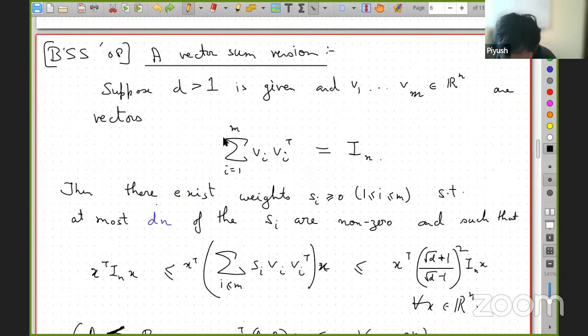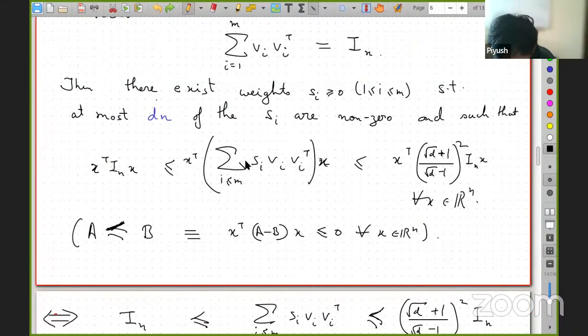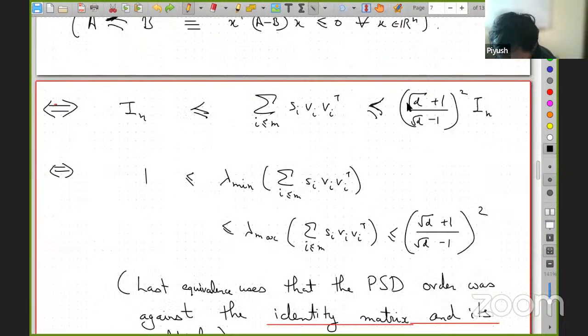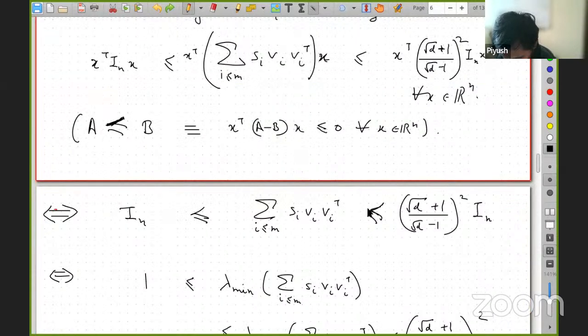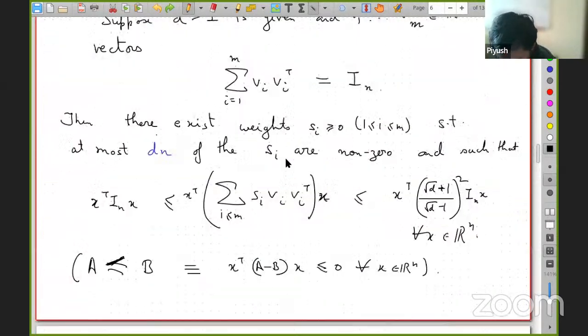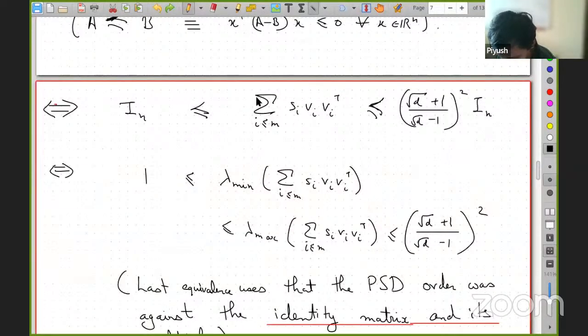So m might be large, but you're given this d, and you want to find some set of about n times d vectors, and you're also allowed to assign positive weights to them, so that when you take the weighted sum of just that subset of vectors, it's still close to being identity, in the sense that it's bounded by identity on both sides up to a small factor. The factor depends only upon d, not upon n.